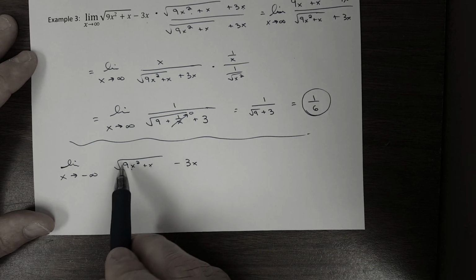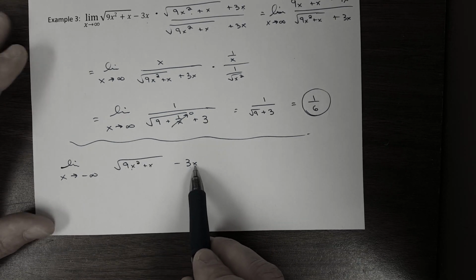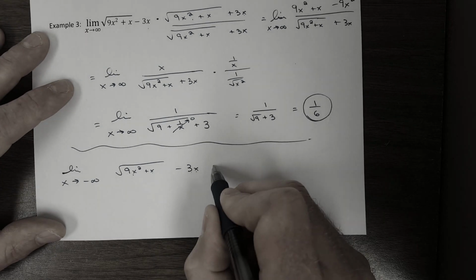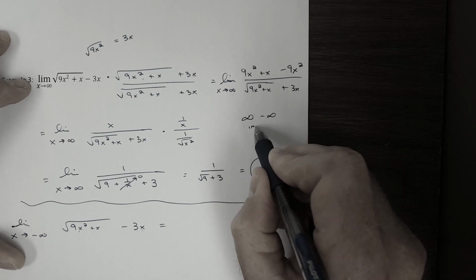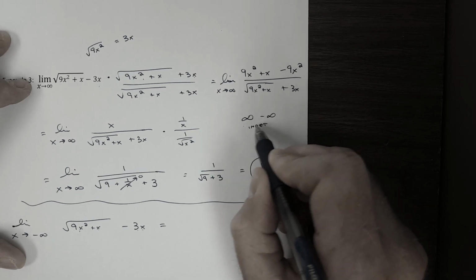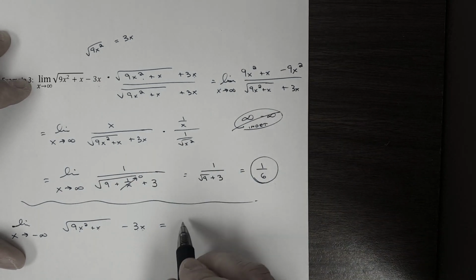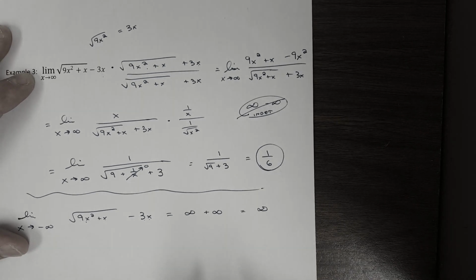So when we take the square root, we're going to have positive infinity minus 3 times negative infinity. We're plugging that one in. Another huge number. The first one was infinity minus infinity, which we said was indeterminate, so we have to work through the algebra a little more. This one, though, we have infinity plus infinity, which is infinity.